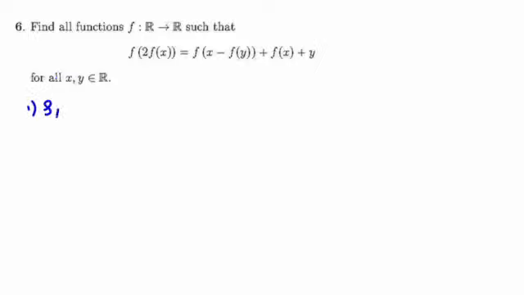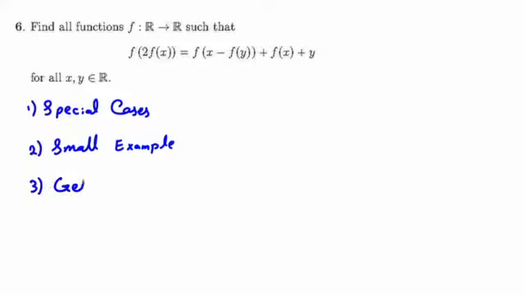You should consider special cases. You should consider, for example, small examples. Special cases means, for example, x equal to y, x equal to negative y. Small examples means, for example, f of 0, something like that.